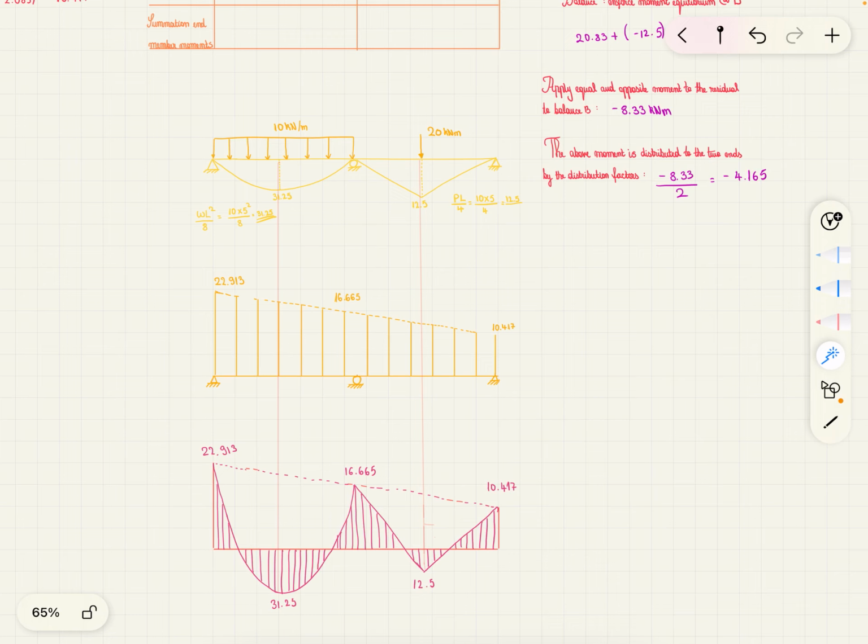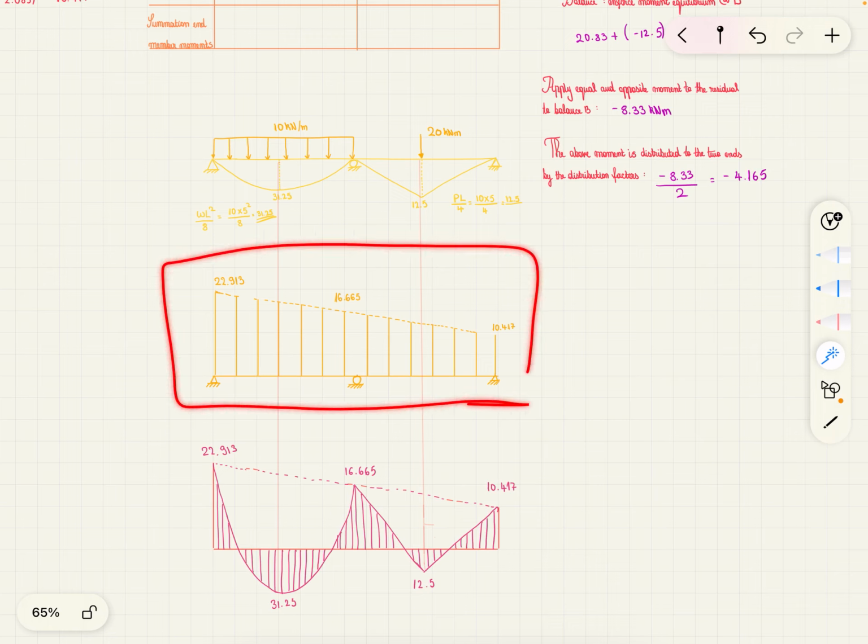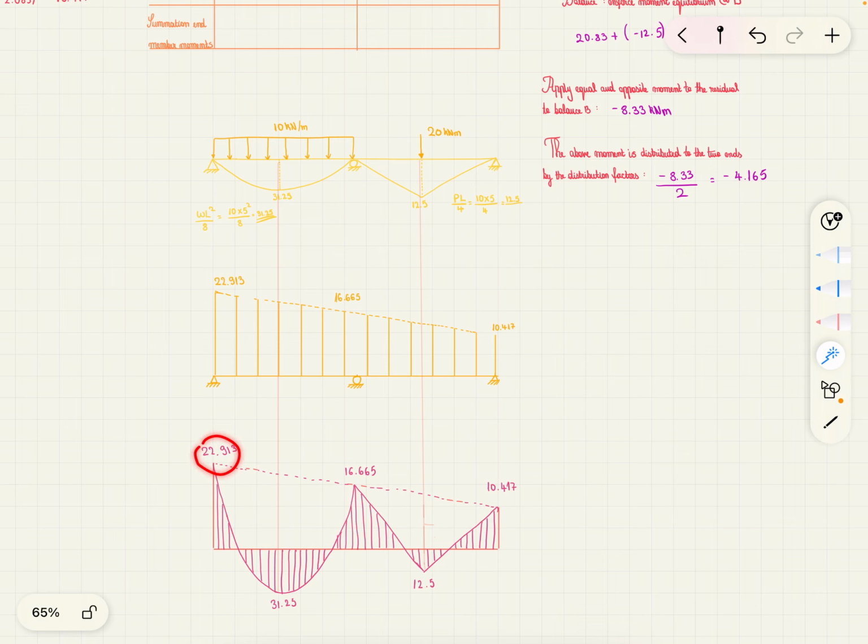You draw this one first, basically, and you plot all the moments on here. Then you look at this one and see which moment we have acting. This time they're acting below the axes. So you draw lines up to here, or wherever you feel like drawing them, and write down the value of the moment.